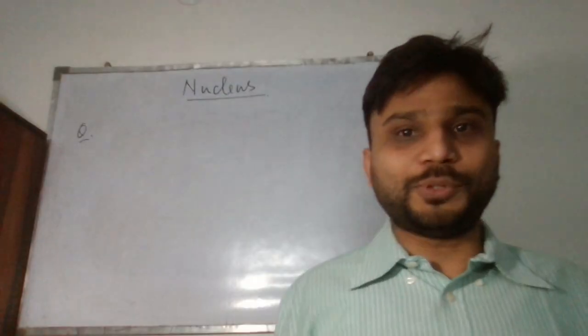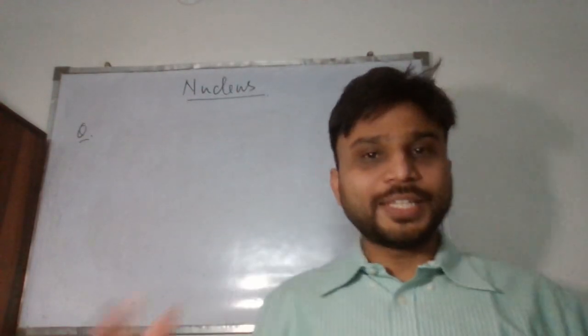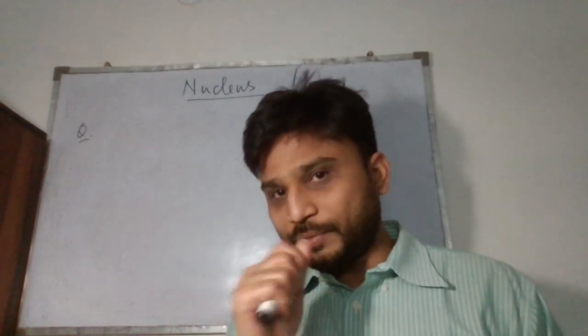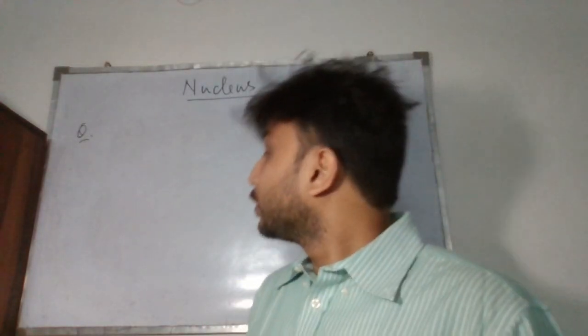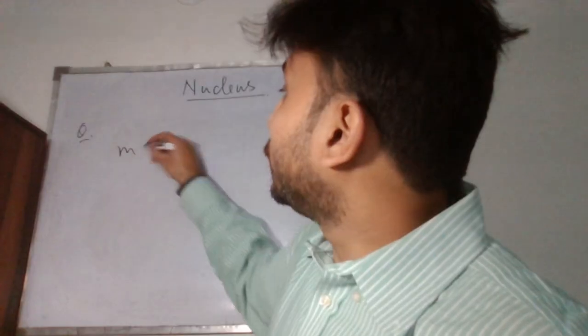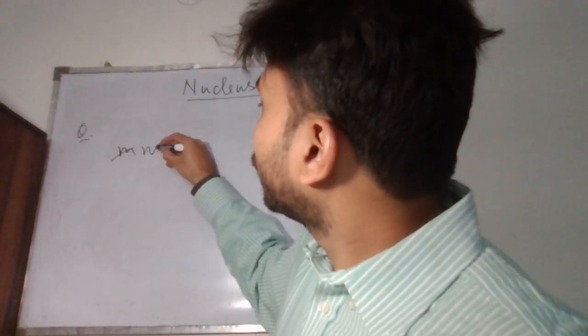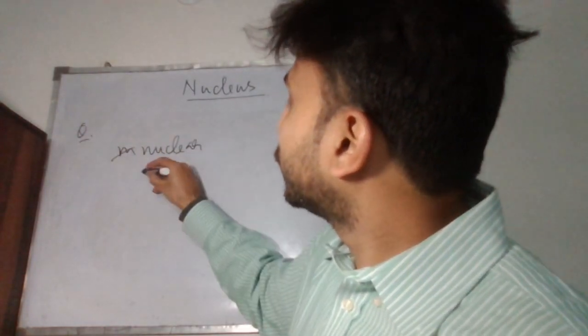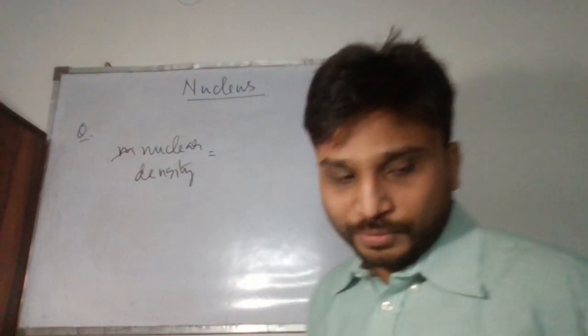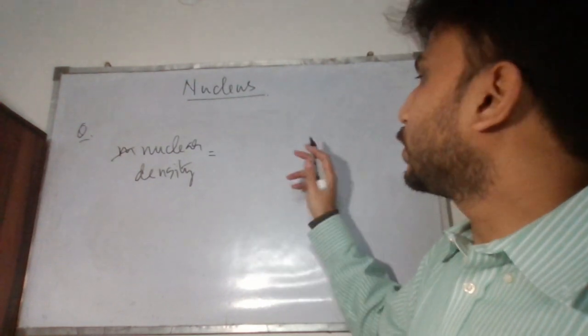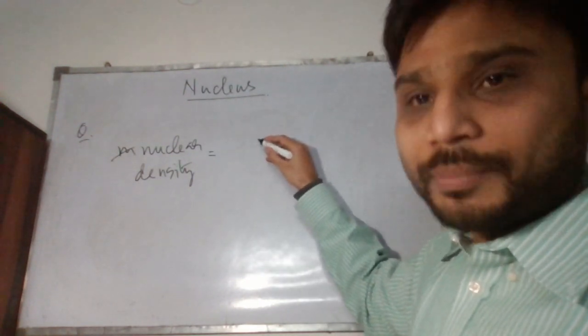The phone on which you are seeing this, the laptop, everything is made up of iron. So what is the nuclear density of that iron atom that we want to figure out? So nuclear density, its value would be whatever mass we calculated.